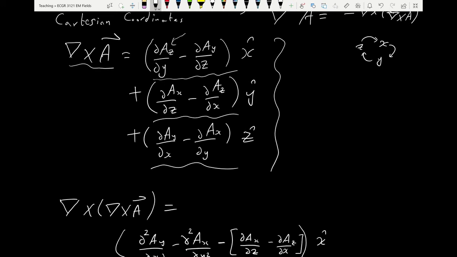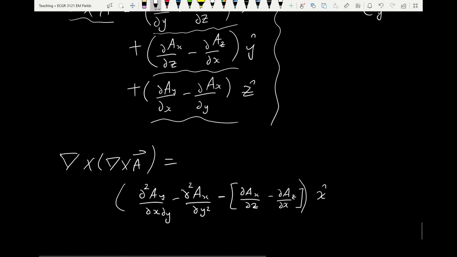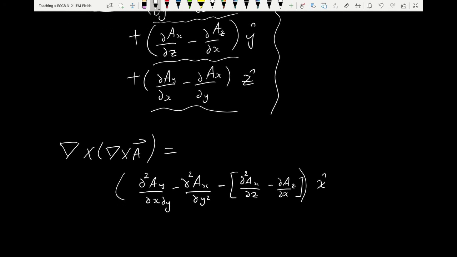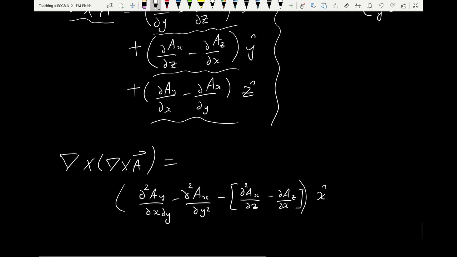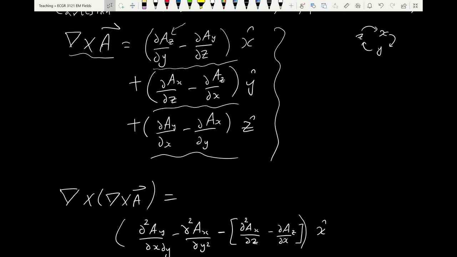That's what ay is, and then I need to differentiate it again by z. So I end up with delta squared ax over delta z squared. Is that correct? Yeah, that's ay. So it's going to be delta squared ax over delta z squared, right? And then delta squared az over delta x delta z.